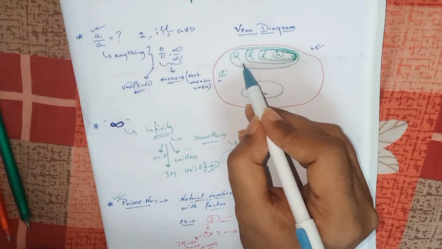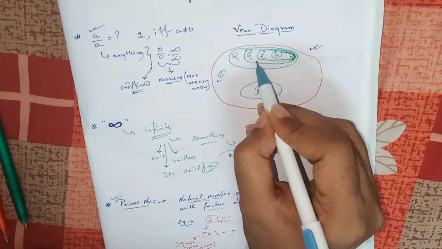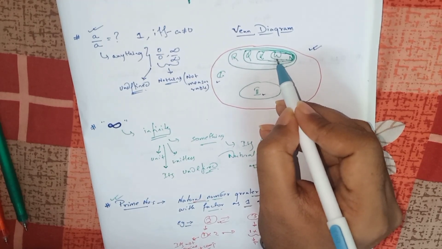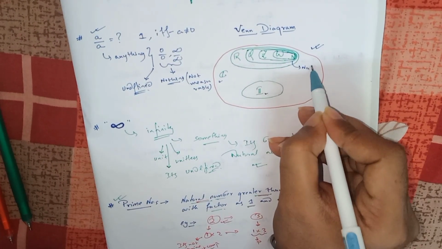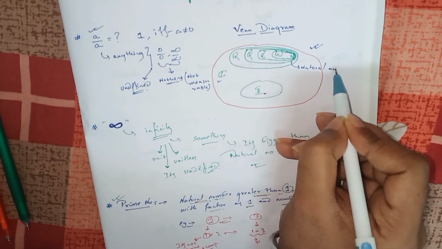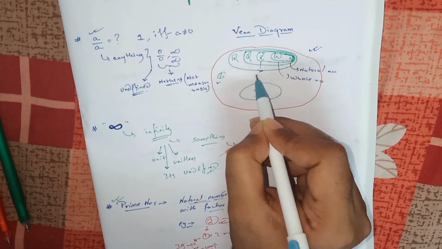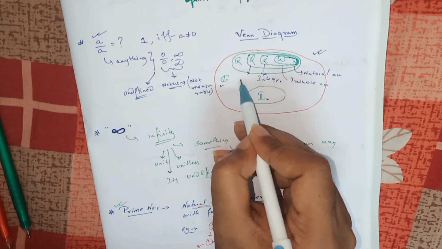The subsets of real numbers are rational numbers. If we dig into the matter again, then there will be Z, that is integers. Then there is W, whole numbers. Then there is N, natural numbers. This is natural number. This is whole number. This is integer. And that is rational number.